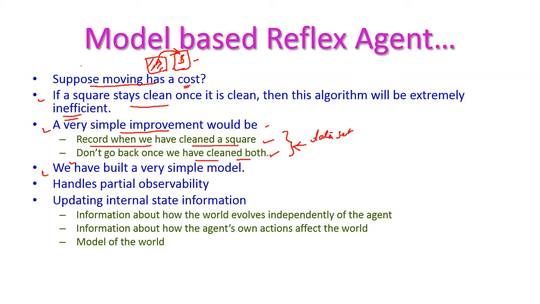So we have built a very simple model that handles partial observability. Which model? This model based reflex agent will handle the partial observability and updating of internal state information. So we need to update all the internal state information, that is information about how the world evolves independently of the agent, information about how the agent's own actions affect the world, and the model of the world.